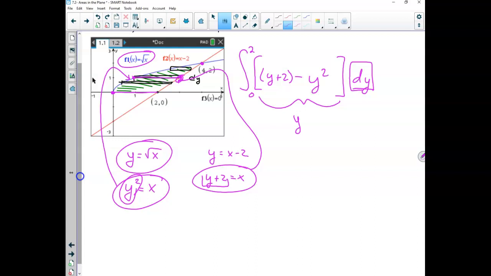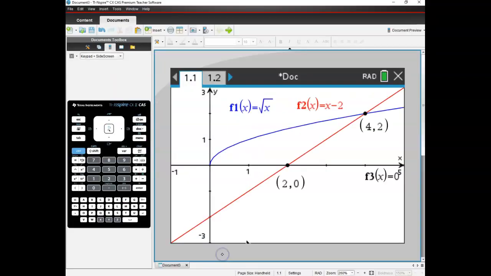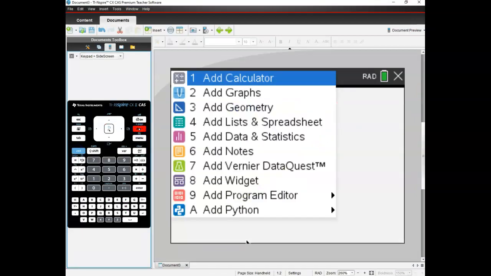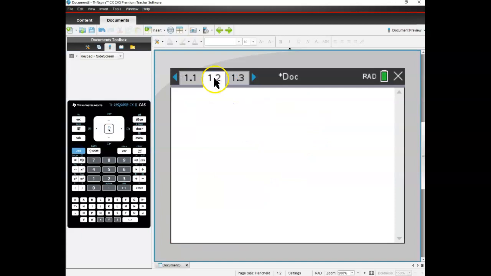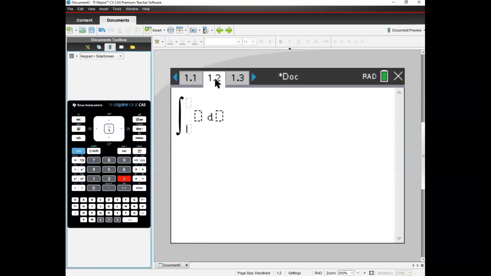And we're just going to come back here to our calculator quick. And we know this better equal 10/3 because that's what we got before. So I'm going to add myself a new calculator page just so it's clean. I'm going to say menu 43.